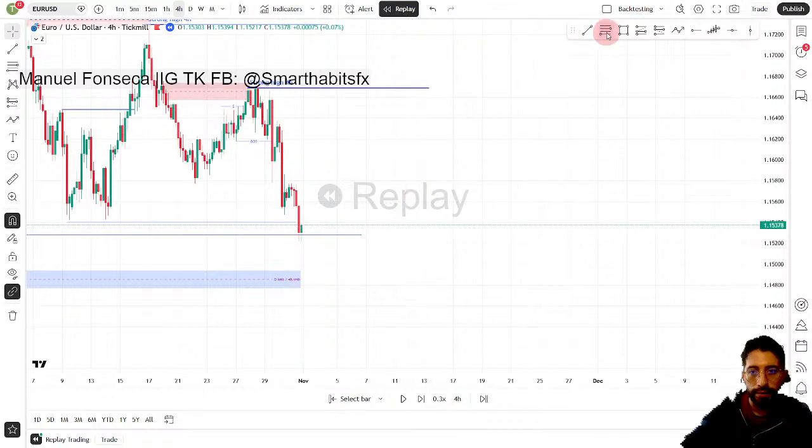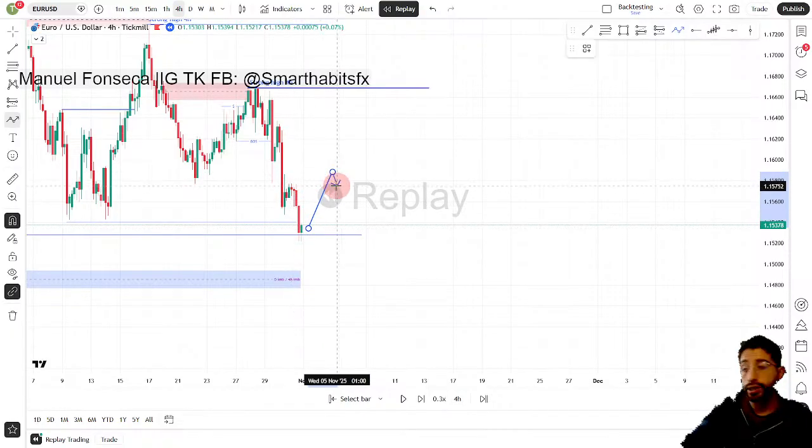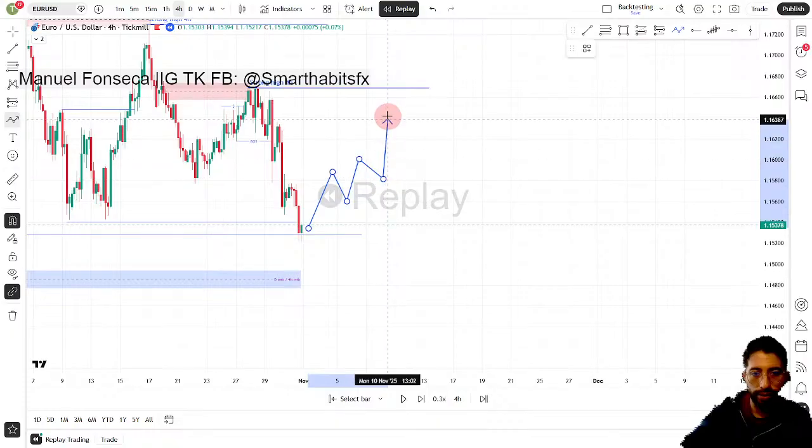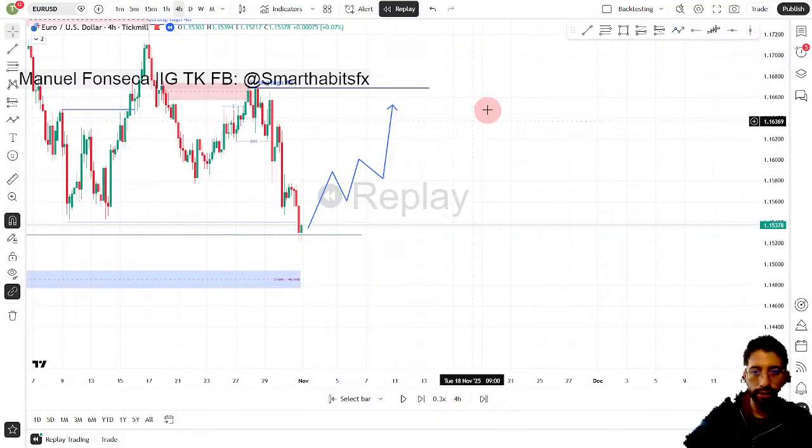The price can react from this point and confirm a break of structure here, which means that the range has ended, and then it can continue pushing up, as one of the possibilities we got.